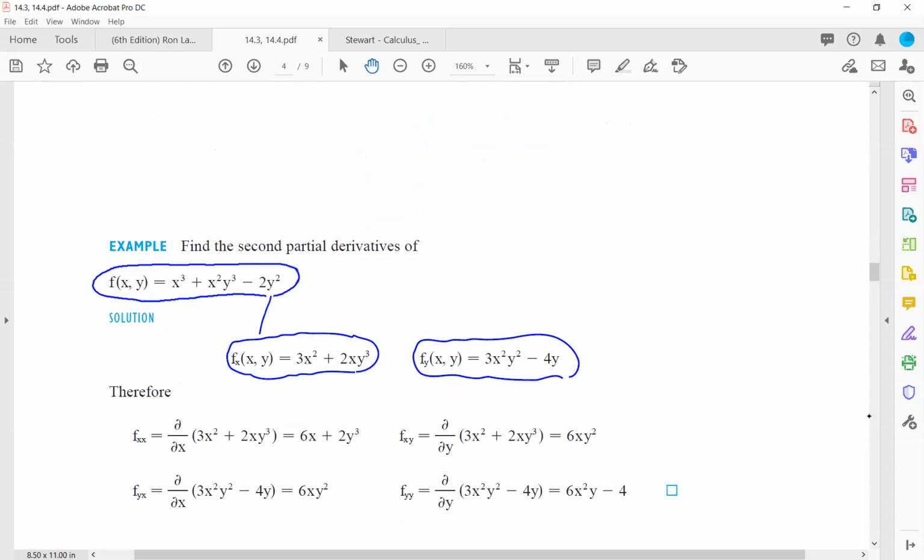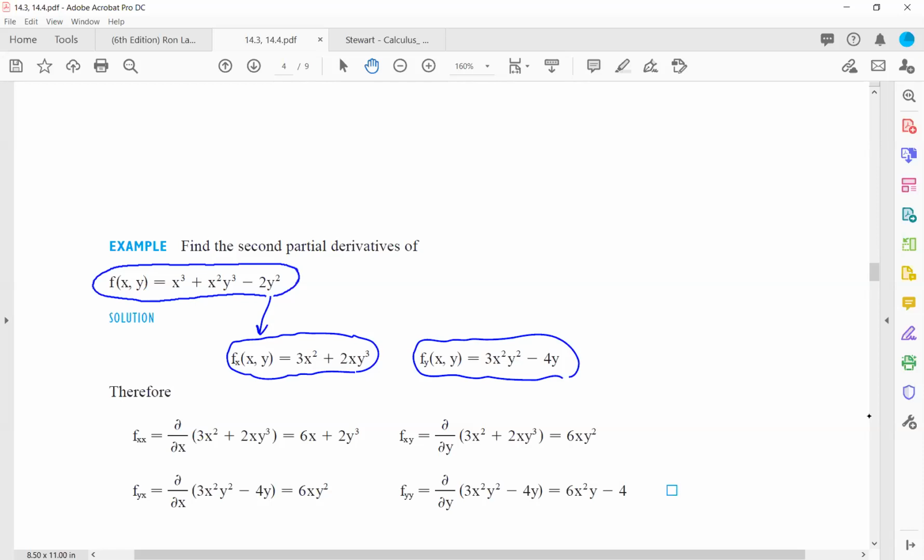The first partial derivative with respect to x: the derivative of x cubed is 3x squared. The derivative of x squared is 2x, and since y is a constant, you copy down y cubed. And since y is a constant, the derivative of the last term with respect to x is 0.